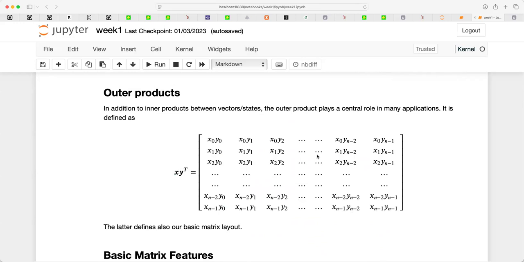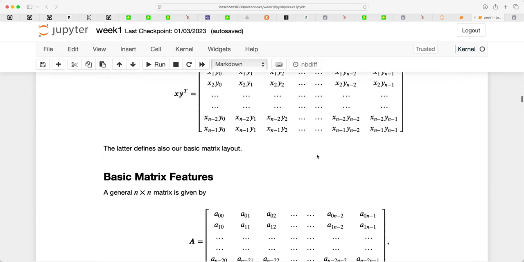You will see that when we define so-called projection operators, which are needed when we perform measurements. So we are actually going to project out a specific component of a state. In that case, we define an operator in terms of an outer product of two vectors. This is just the mathematics, which probably many of you have seen before.